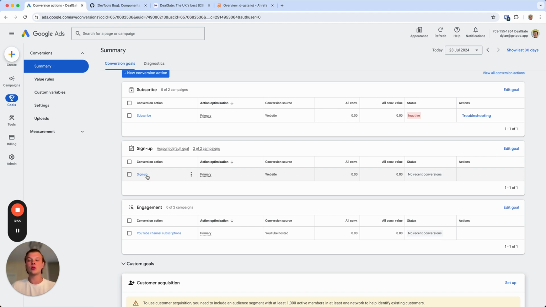So if you go ahead and work out, wow, my industry is kind of expensive, I don't think I'll achieve 30 subscribe or 30 purchase conversion events in a month, then what you want to do is optimize towards a sign up, because that's still a relatively high intent action, and you will actually be able to hit that 30 conversion threshold even on a smaller budget.